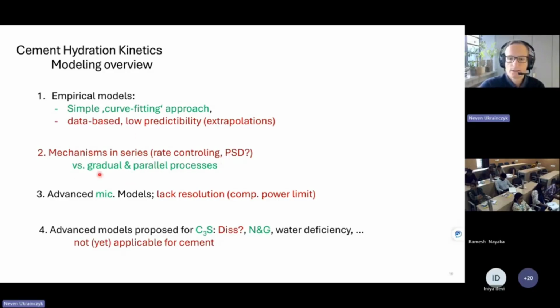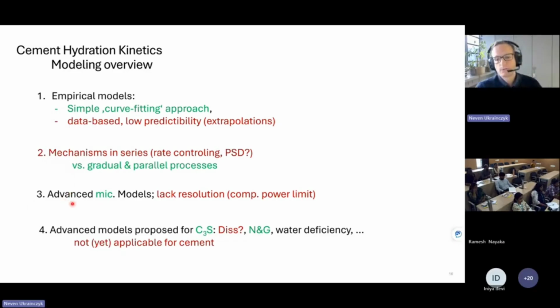Those are fundamental equations for particle growth, but then you should also include the particle size distribution, which is the HydratiCA-style model basically, to calculate the overall rate. This is what Bullard also did in his first model, for the full particle size distribution. And I also proposed a more gradual shift between these mechanisms, the parallel process, which is what I proposed in my thesis.